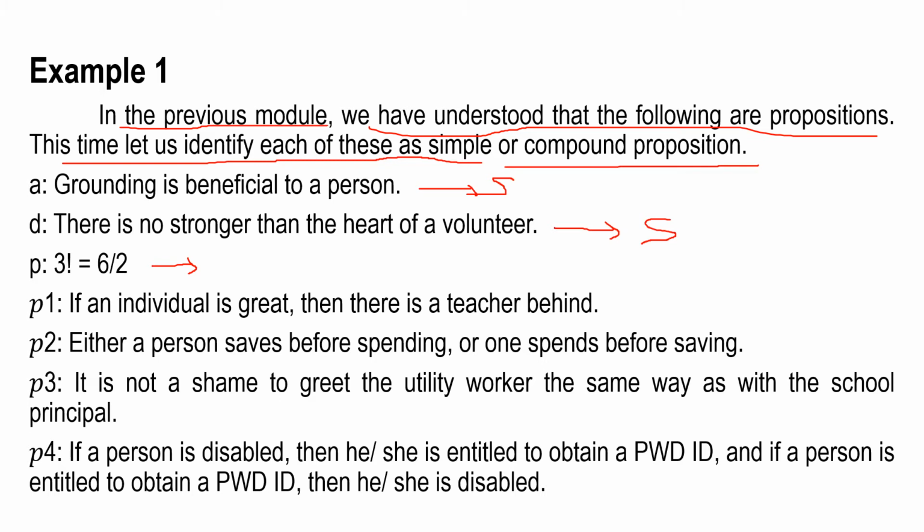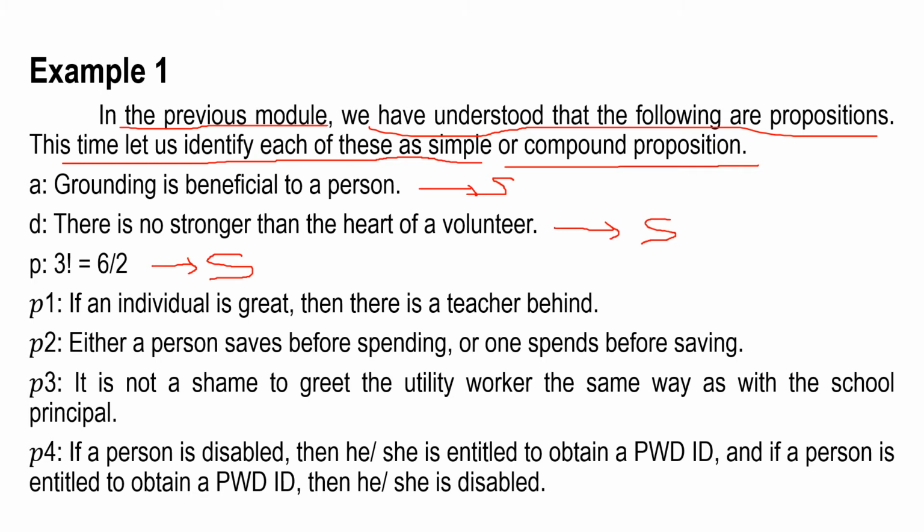Now, since this one is a proposition that is a false statement, we consider 3 factorial is equal to 6 over 2 as a proposition. Again, if we convert this to words, there are no logical connectors being used. So the proposition under P is a single proposition, with no logical connectors used on this one. That's why, again, it is a simple proposition.